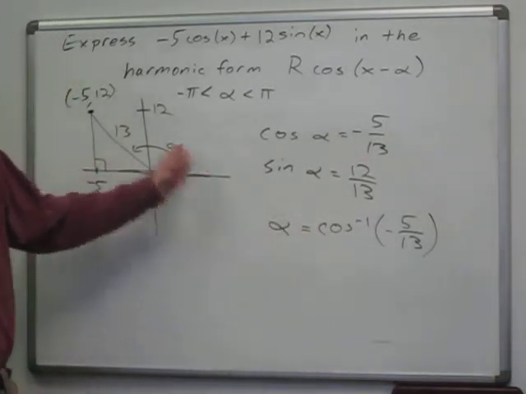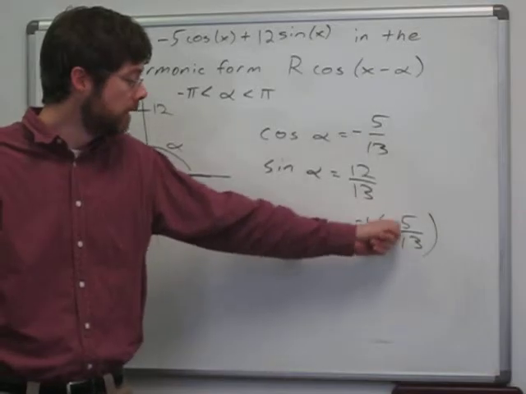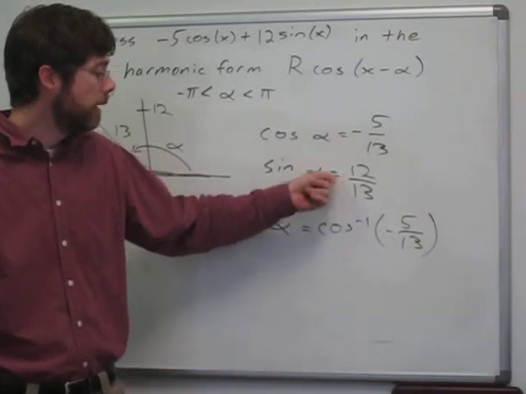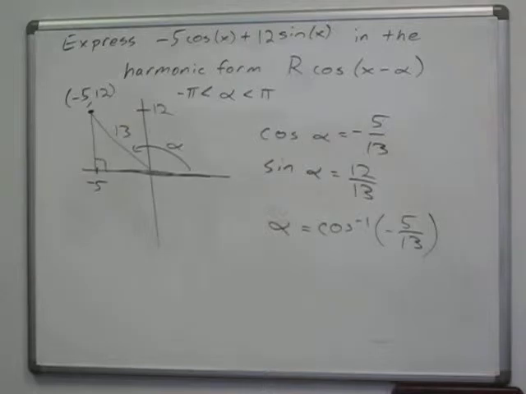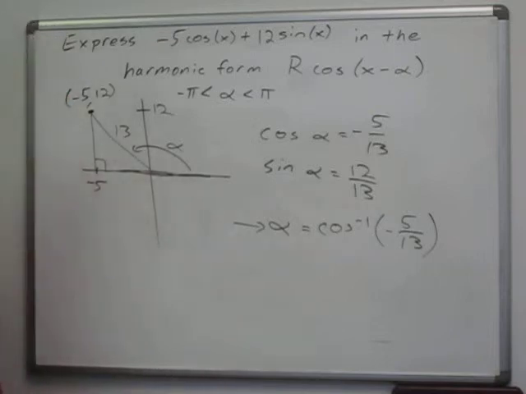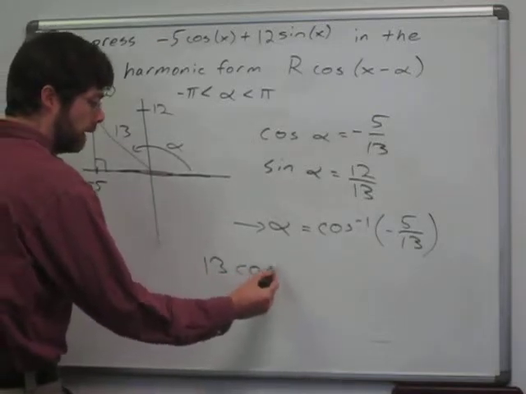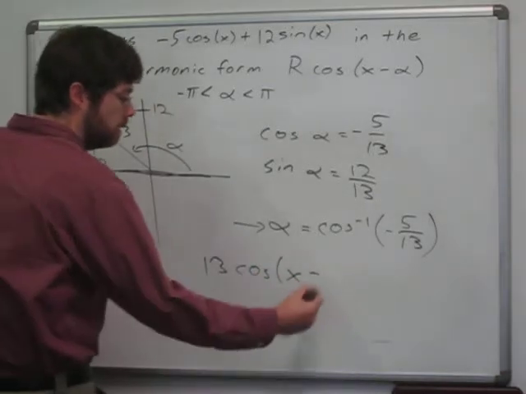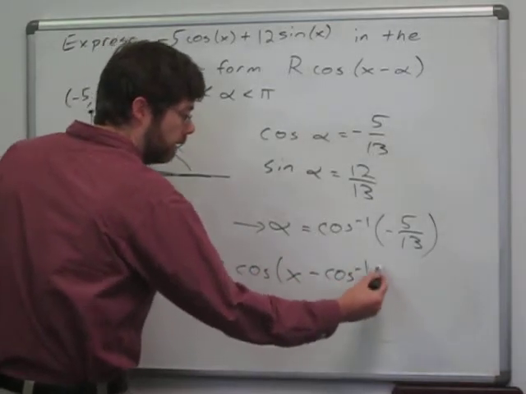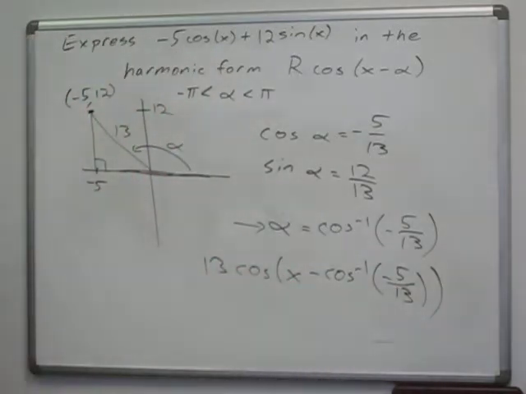Moreover, since it's going to land in quadrant 2, and given this ratio, I'm going to get a positive 12 over 13 for the sine of that angle. So this is going to be our phase shift. The harmonic form then is 13 cosine of x minus cosine inverse of negative 5 over 13.